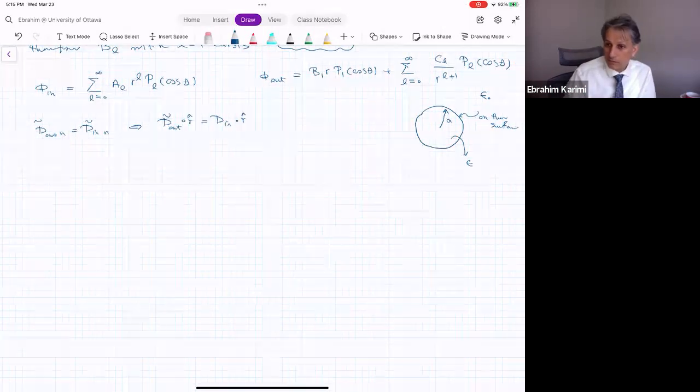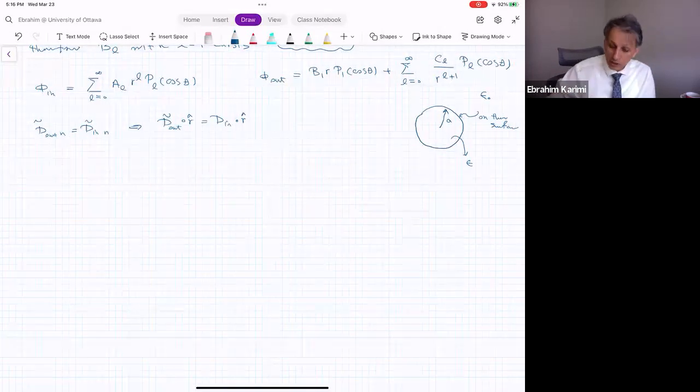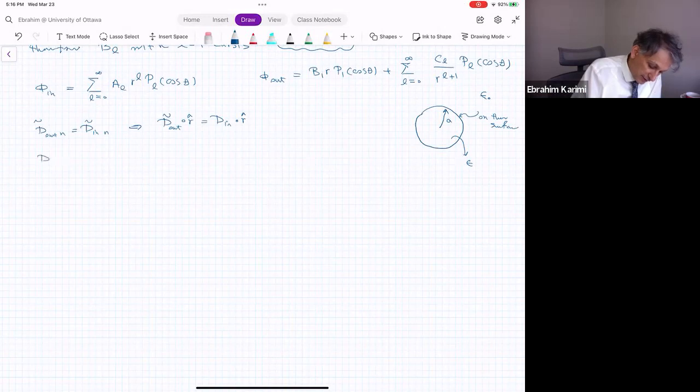Clear? That's along the normal to the surface. And you can calculate D from the potential. D essentially is given by minus gradient of the potential, with the proper coefficient, of course, with epsilon at the front.